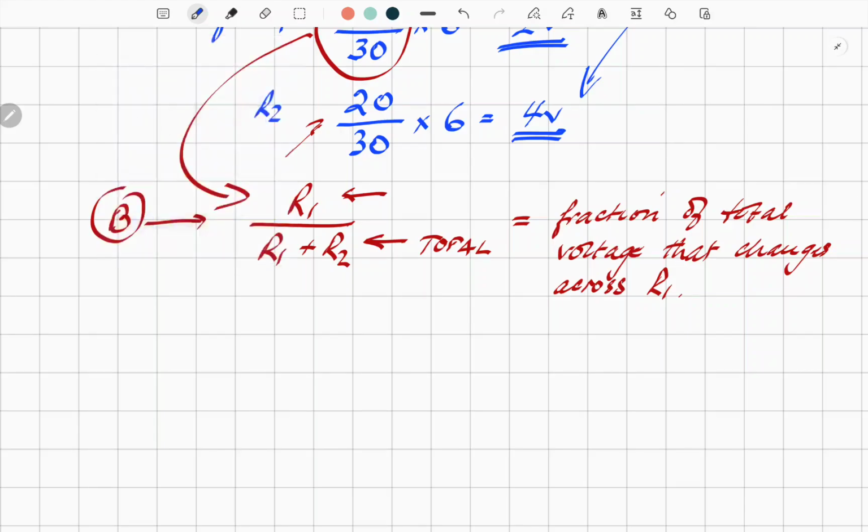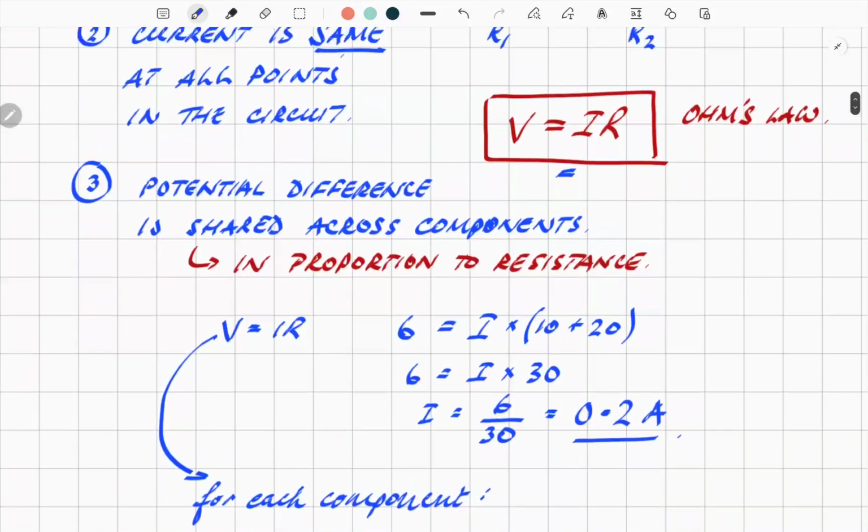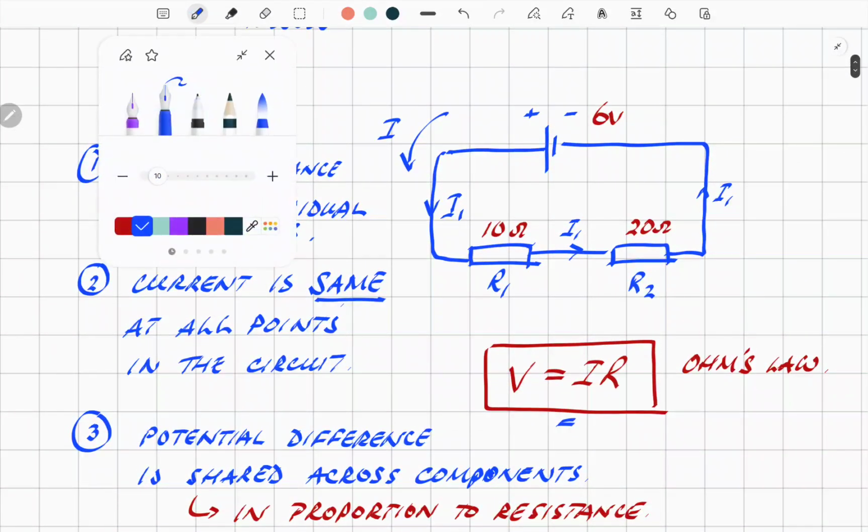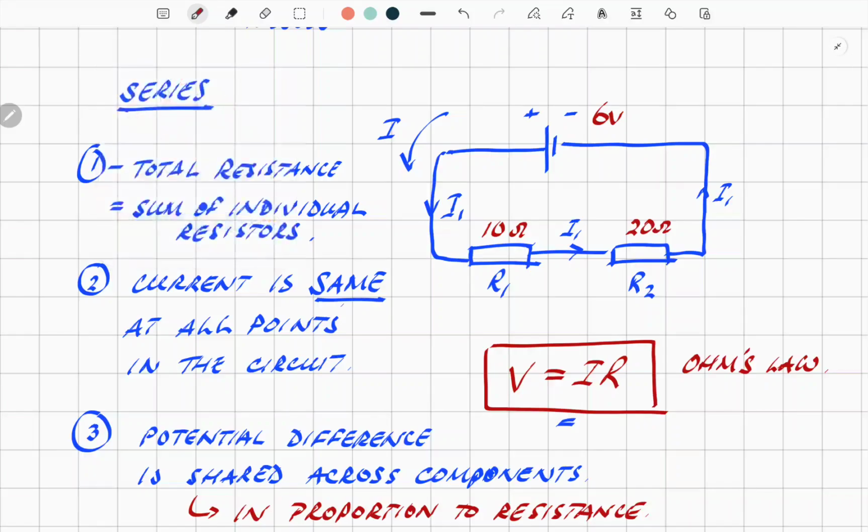All right. Oh, one rule for this. I should come back to this and just say, bear with me. So this one, R1 will have a V1 associated with it, which is what we worked out just below. It's like 2 volts. And V2 for R2, that one equals 4 volts.